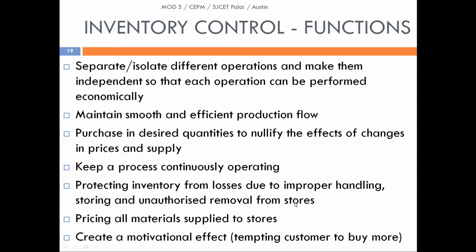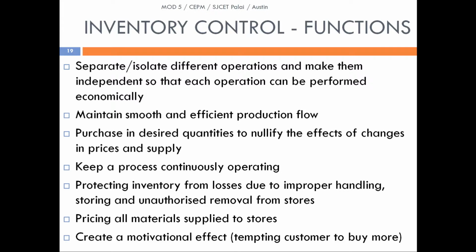Pricing all materials supplied to store, and create a motivation effect, tempting the customer to buy more. The first means that all materials or all inventory in the company should be properly accounted, so that the company manager or the company officials will have an idea about what inventory stock is available with them and whether there is any malpractice by the workers or some other parts of the company.